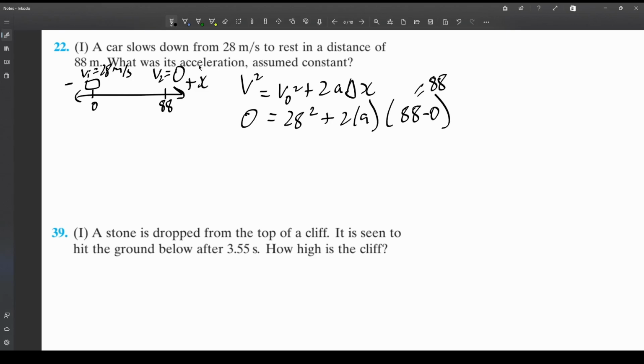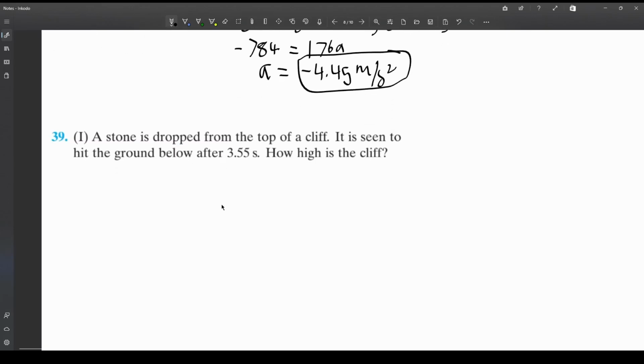And we're solving for acceleration, by the way. So using this, we get minus 784 is equal to 176a. So a is equal to minus 4.45 meters per second squared.